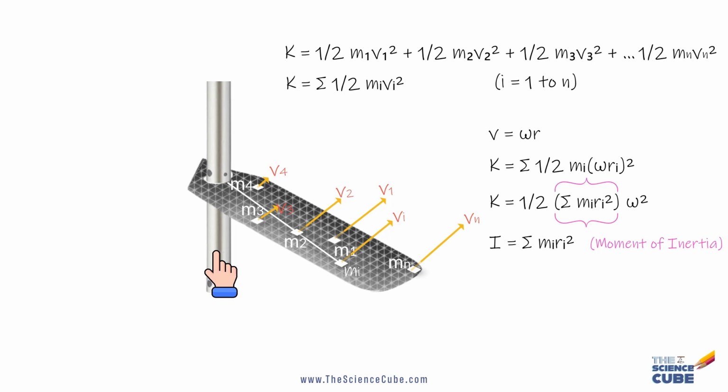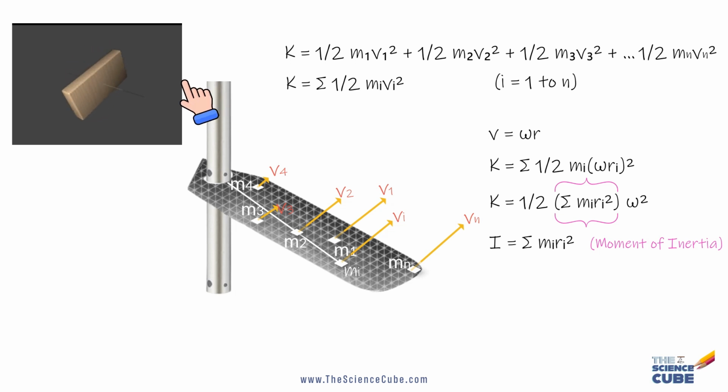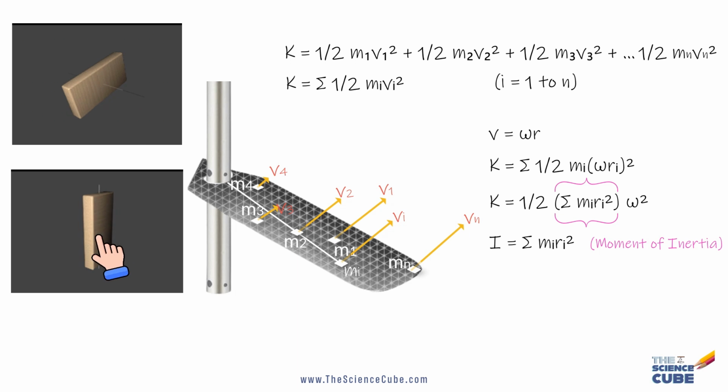So we cannot say that the I value of this body is, let us say, 120 kilogram meter square. You would have to say it is 120 kilogram meter square about this axis, simply because it could be a different value about some other axis of rotation. As an example, if this body is rotated about this axis of rotation, it would have a certain rotational inertia value, while if it is rotated about this axis, it will have a different value.